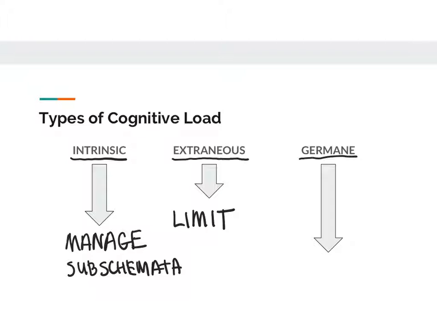So for the germane load, we want to maximize it. Now there's only a limited amount of processing that a learner can be doing at any one time. So in order to maximize the room that's left for the germane load, we're limiting the extraneous load and managing the intrinsic load.